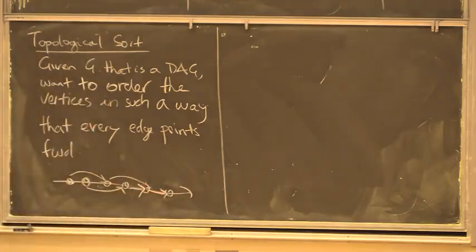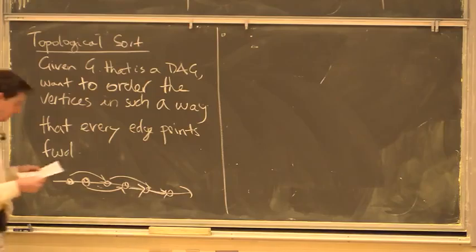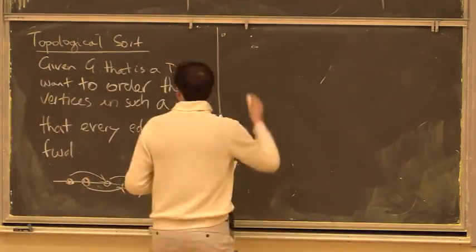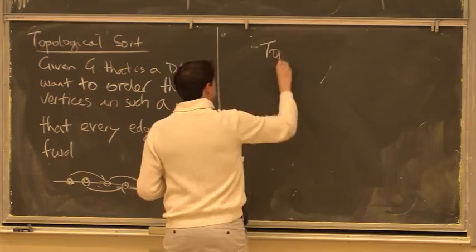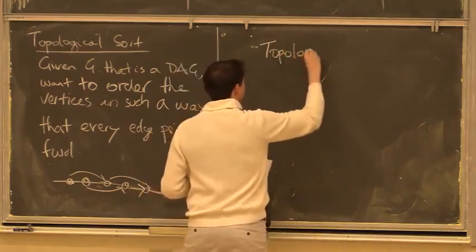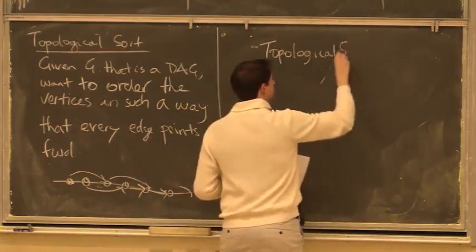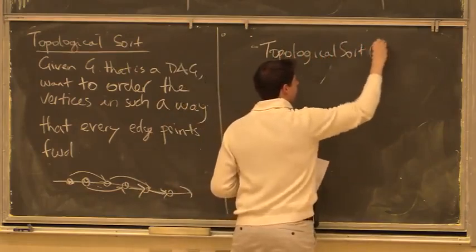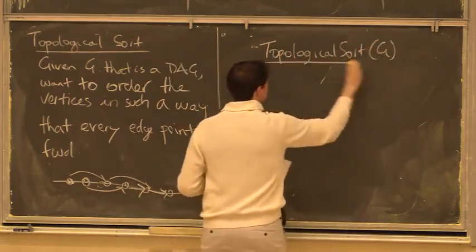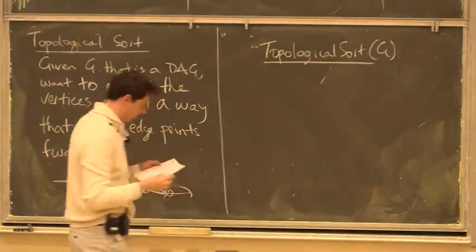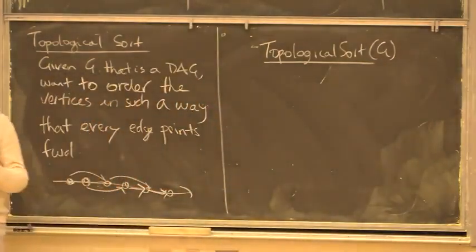Is the problem clear? Can anybody suggest an algorithm that does this, given what we have said so far about DAGs?